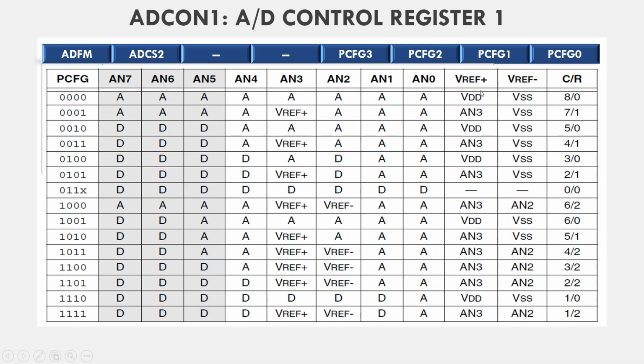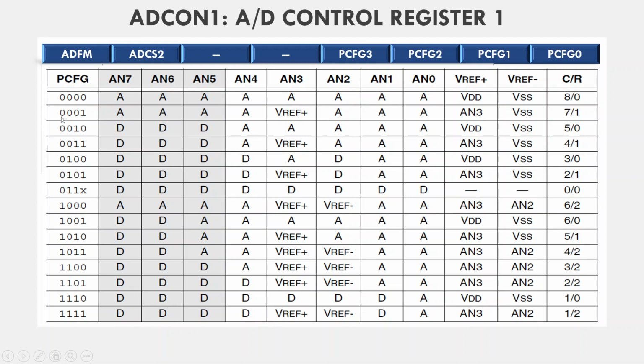The V reference plus comes from the VDD pin, the power supply to the controller, and V reference minus also comes from the power supply of the controller. Here C represents the number of channels available in this mode, and R represents the references available in this mode.